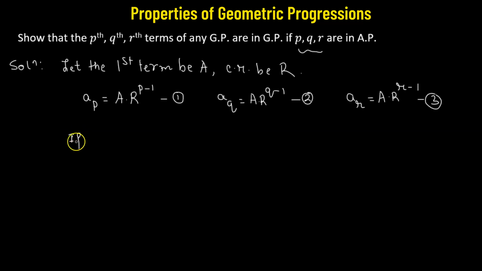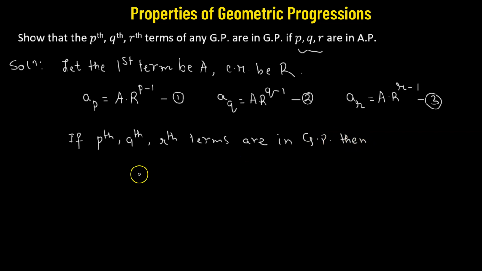If they are in GP, then it must follow that the Qth term divided by the Pth term must be equal to the Rth term divided by the Qth term, or the square of the Qth term must be equal to the product of the Pth term and the Rth term.